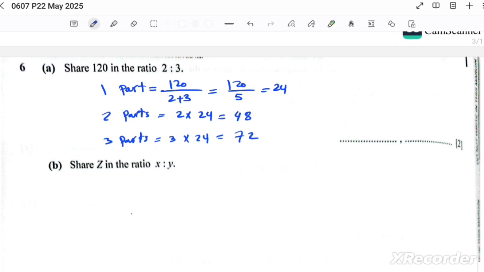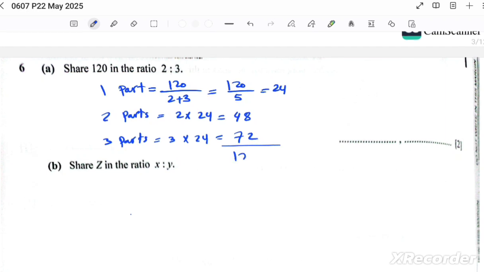So these are the two numbers. You may double check. Usually I recommend to double check. If you add them, it should be 120. So if you add 48 plus 72, is it 120? Yes. So it means you are right. So this one 48 and 72.